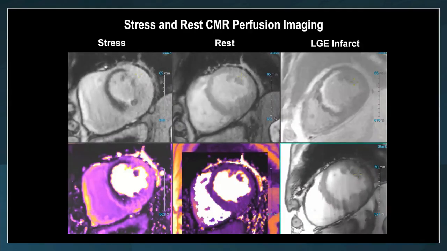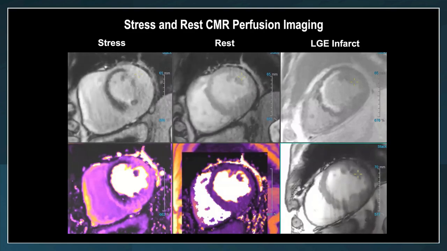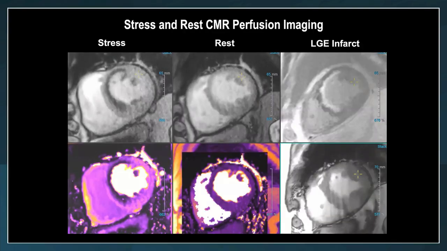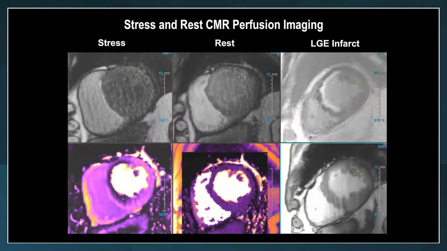Note that the stress and rest perfusion imaging has high resolution, about 1.4 millimeters in plane, and a blood flow map is generated from the respective stress and rest imaging in the color panel below.